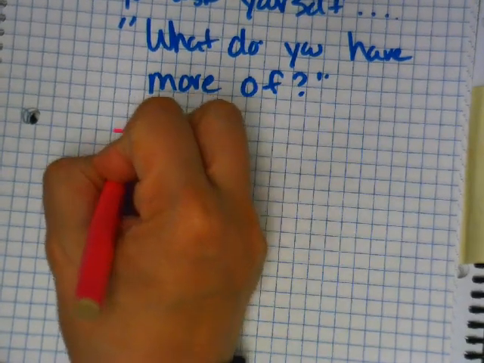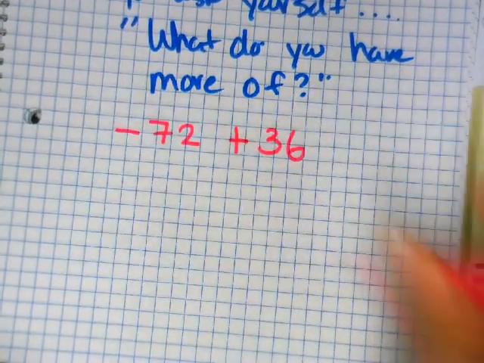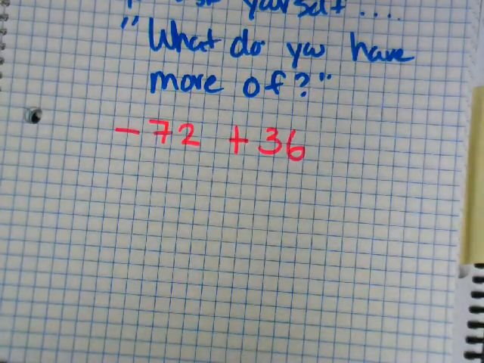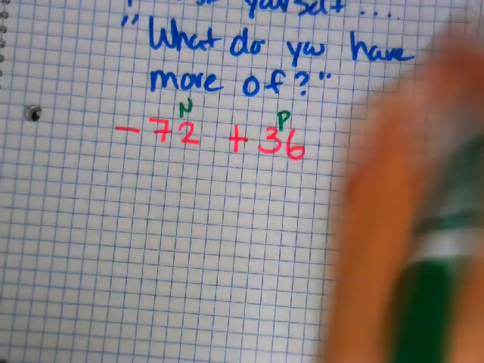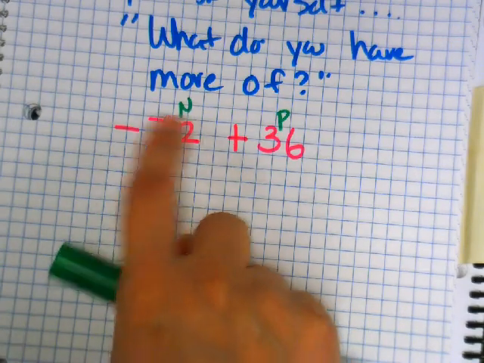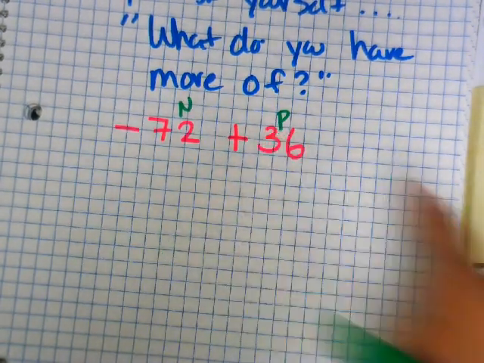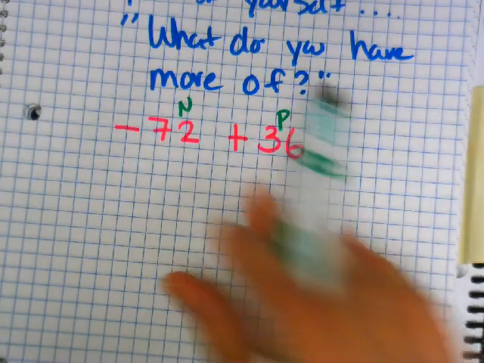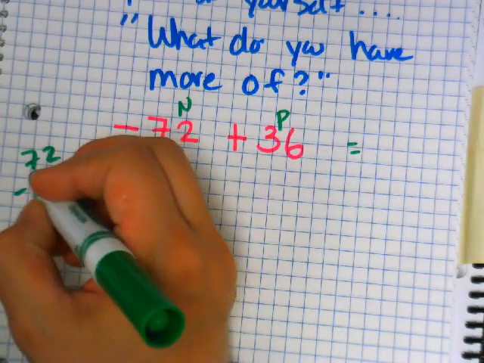For example, you have negative 72 plus 36. Are they the same or different? Different. This one's a negative because it has a negative sign, and this one's a positive because it has no sign. Since they're different, you subtract.